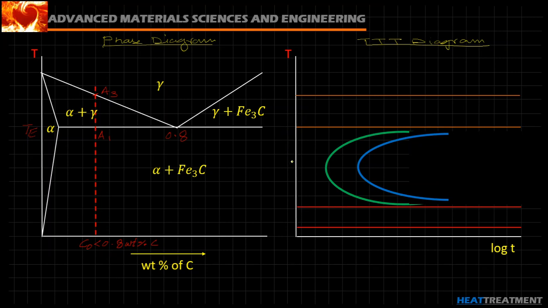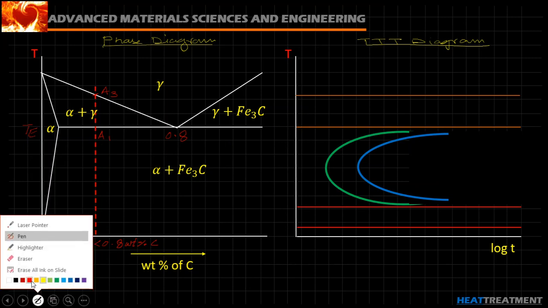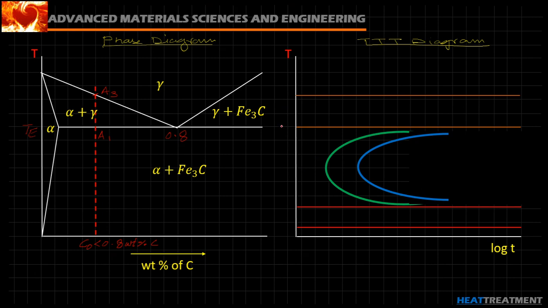We draw horizontal lines corresponding to the critical temperatures. This is A1 and A3. Similarly, at lower level, we draw the lines for the start of Martensite and finish of Martensite.